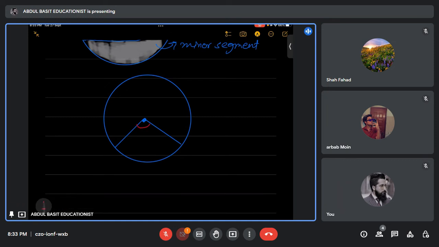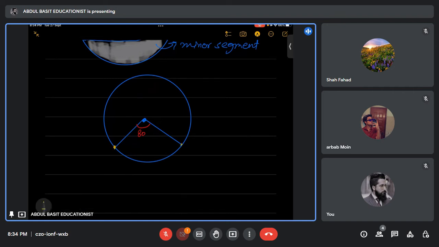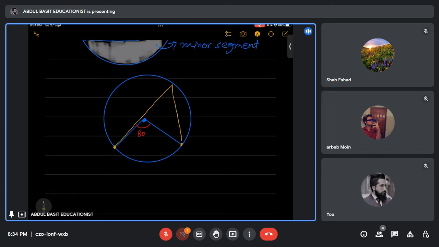For example, if this angle is 80, I'm starting a line from this point because this is my starting and this is my ending point of the arc. I will touch a circumference of my choice. Done. इसका मतलब है कि this is 40.